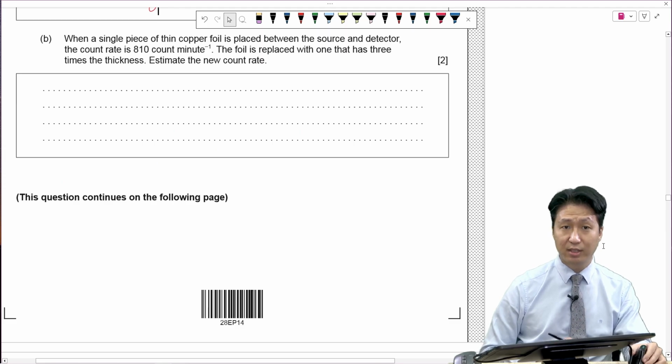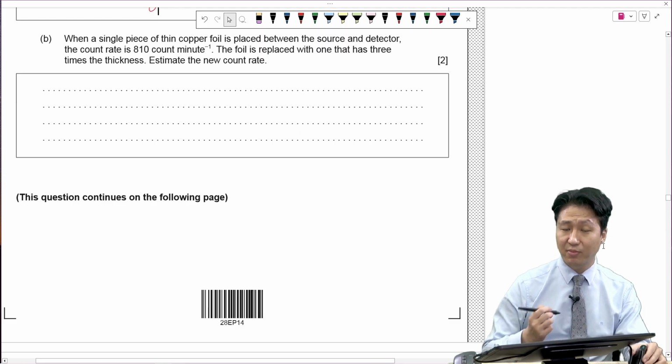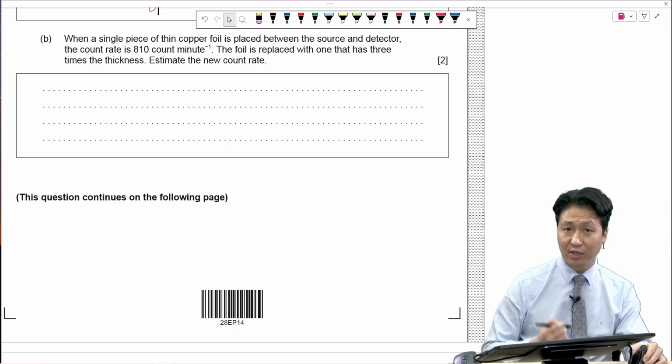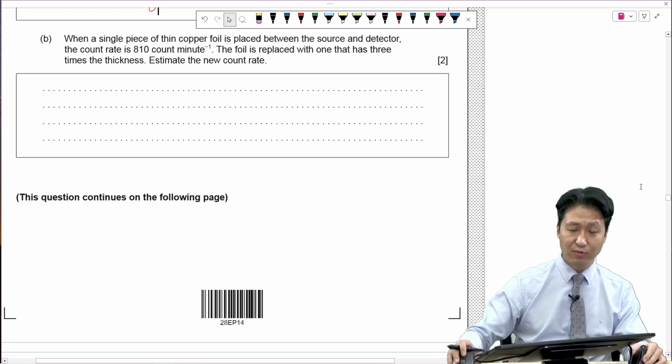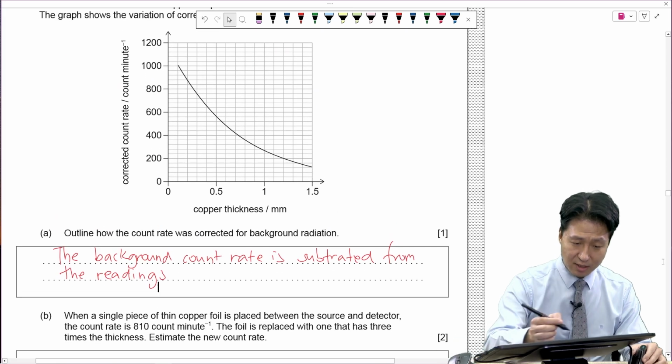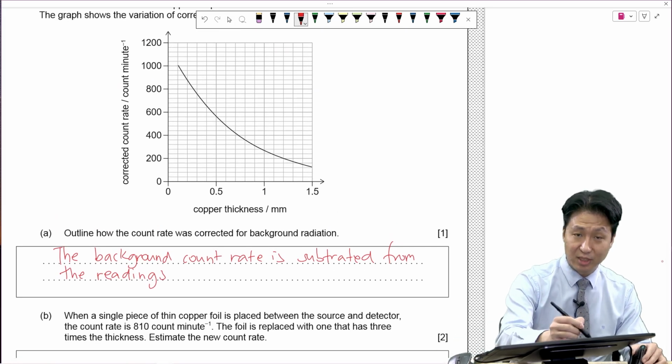In part 2 of this question, it says, when a single piece of thin copper foil is placed between the source and the detector, the count rate is 810 counts per minute. The foil is replaced with one that has 3 times the thickness. Estimate the new count rate. So we will use the graph, and it says it's approximately 810 counts.